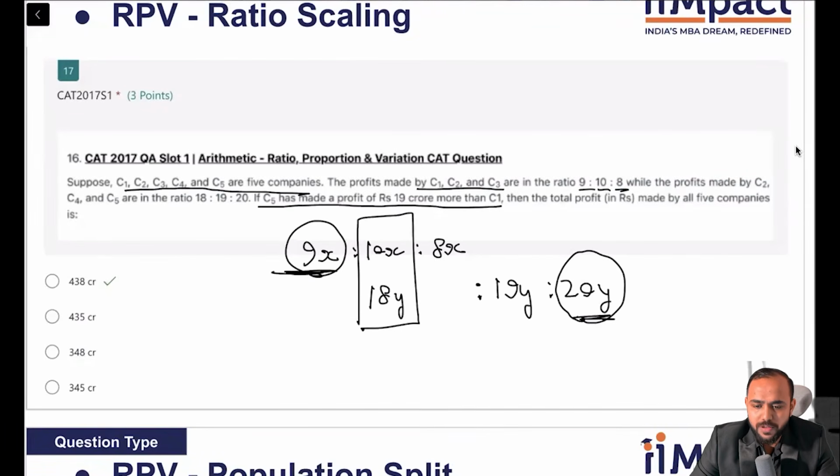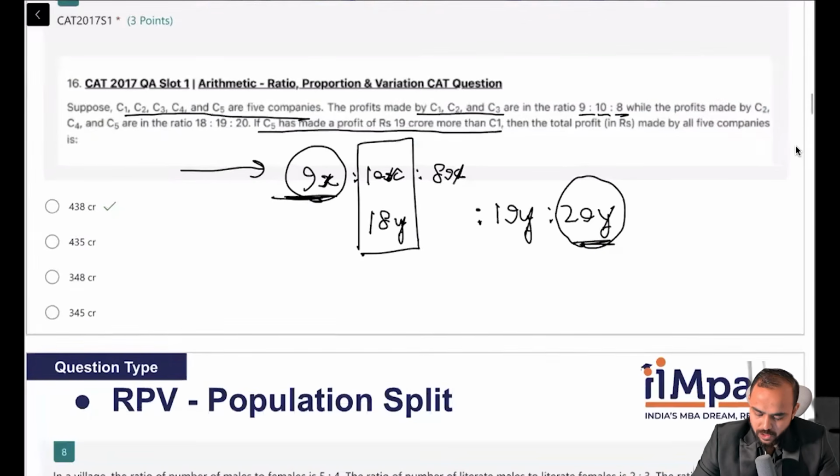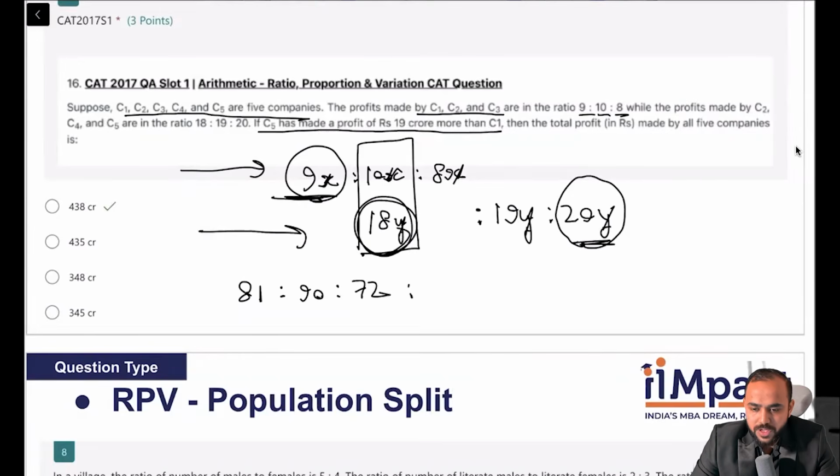I will put the common value as 90. The LCM of 10 and 18 is 90. So let's forget these x for now. To make this 90, I'll have to multiply with 9. So 81 is to 90 is to 72. Now for C2, this equation I will multiply with 5.